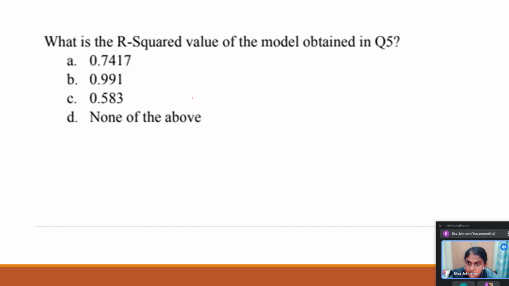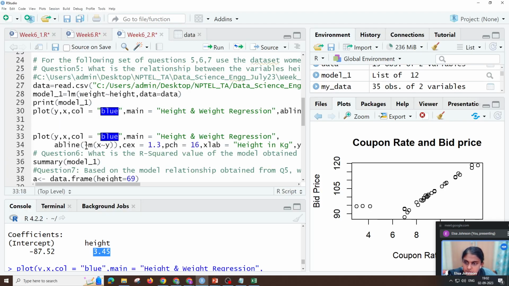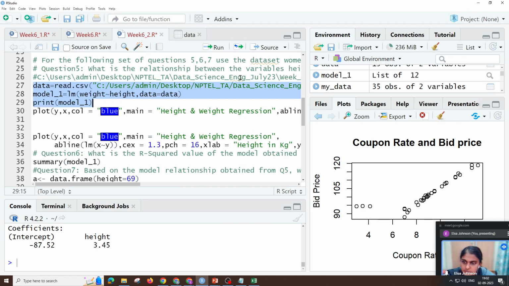Now what is the R squared value of the model obtained in Q5? This is also a connected question. I'll read that model once again.